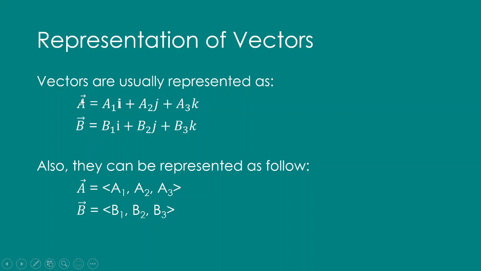Here vector a is represented as a1i plus a2j plus a3k, and vector b is represented as b1i plus b2j plus b3k. i, j and k are just the unit vectors along the x-axis, y-axis and z-axis respectively, so they represent your x component, y component and z component. In some mathematics courses you can also find vectors represented with the notation given right here.